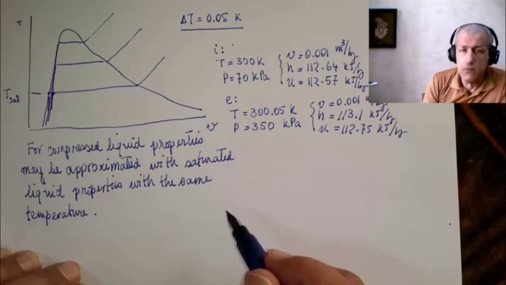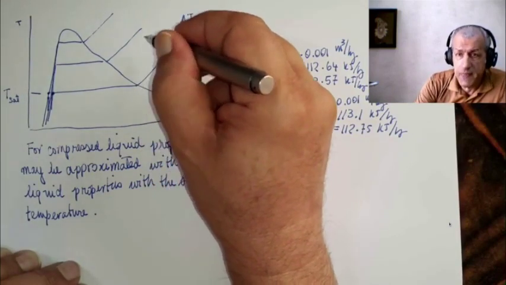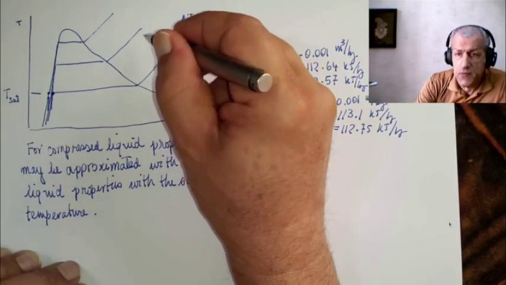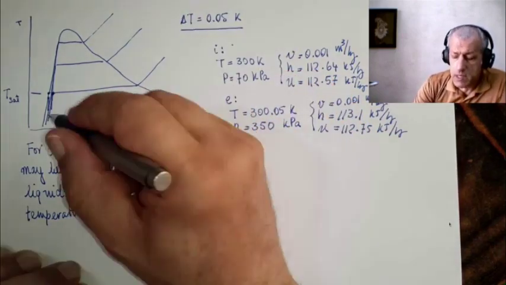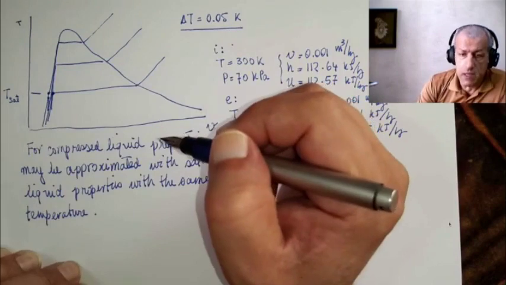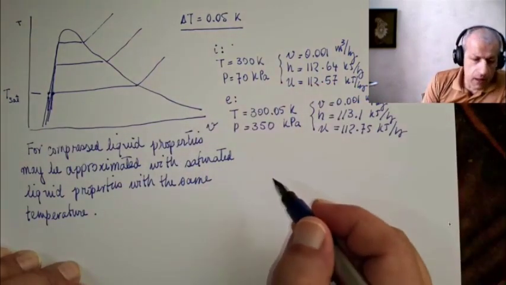The work you need would be far smaller than if you wanted to increase pressure in the superheat area. In the superheat area, if you want to increase pressure, you have to do far more work than what you have to do here in the compressed liquid area.